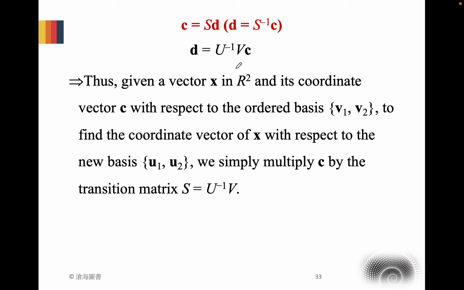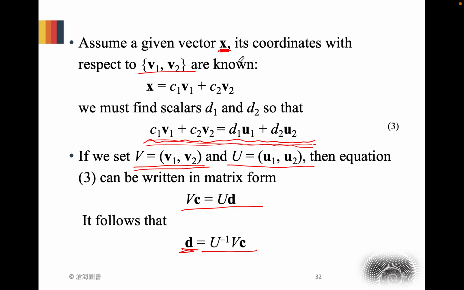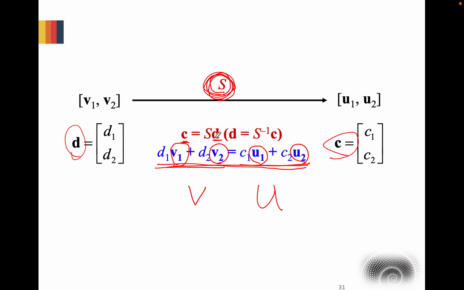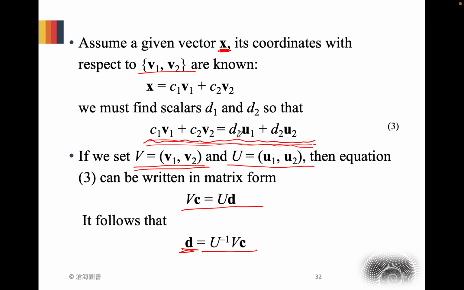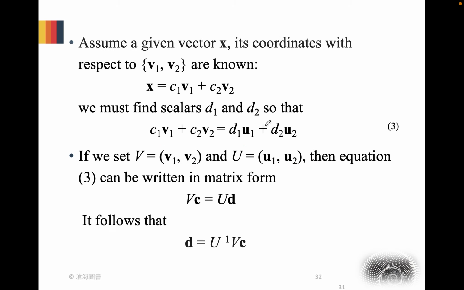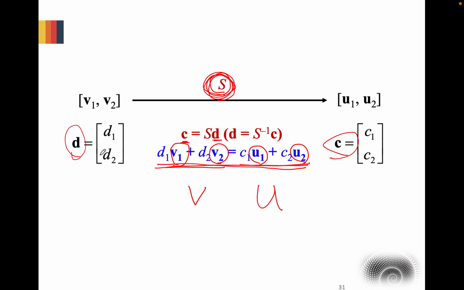Okay, so we write it down like this. And let me check if there's anything wrong. So these two slides would make you confused, because in these slides, D1 and D2 are the coordinate vectors with respect to V1, V2.